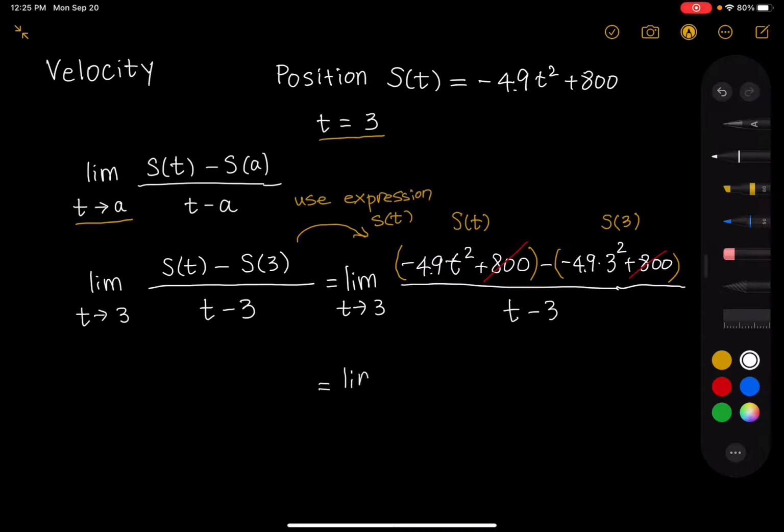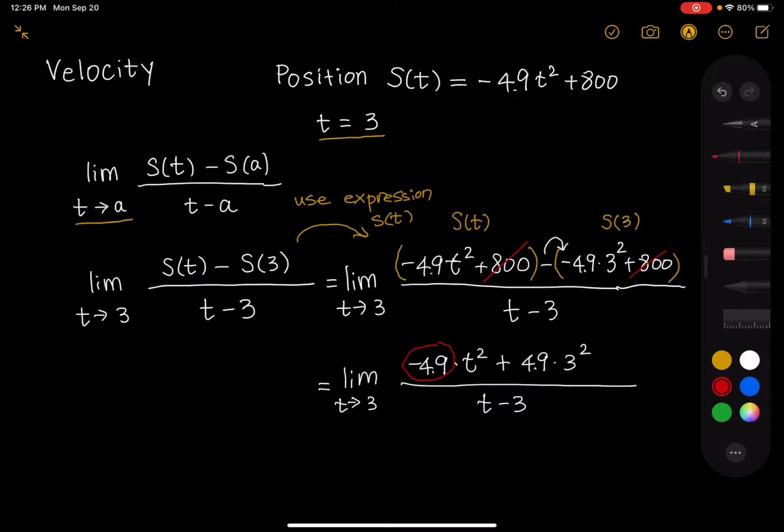We have limit as t approaches 3, we get negative 4.9 times t squared. Now, negative minus negative of negative is positive, right? So plus 4.9 times 3 squared, over t minus 3. We will see that the negative 4.9 is kind of troublesome to us.